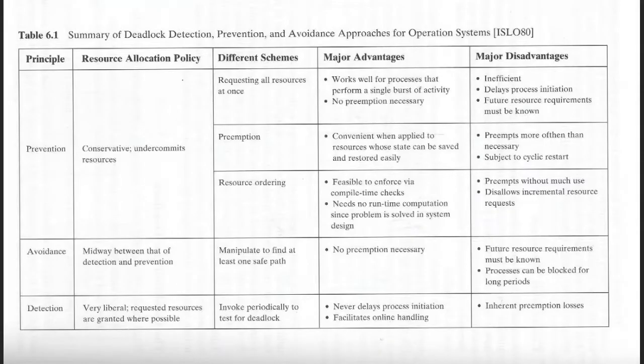In summary, you have deadlock detection, prevention, and avoidance approaches by the system. And you may see that in prevention, we have different schemes: preemption, resource ordering, requesting all resources, with their major disadvantages.